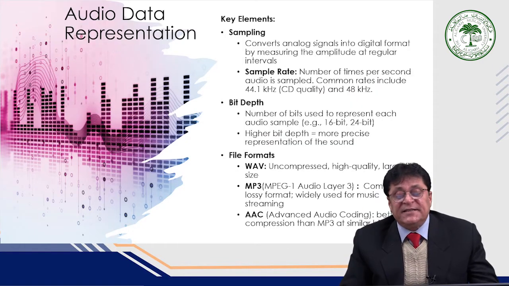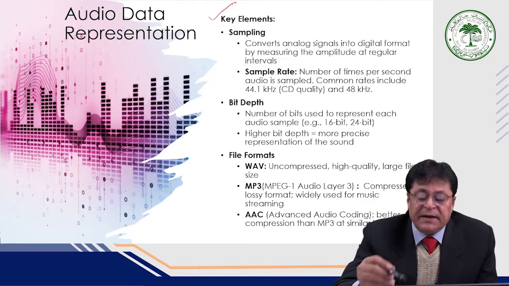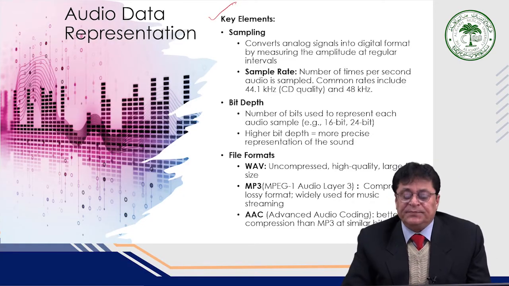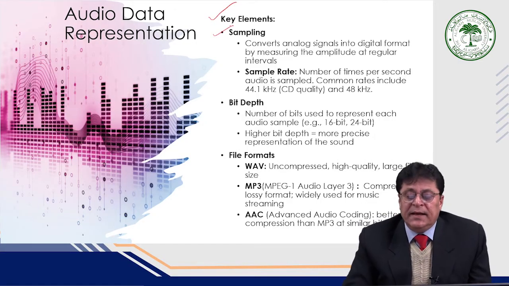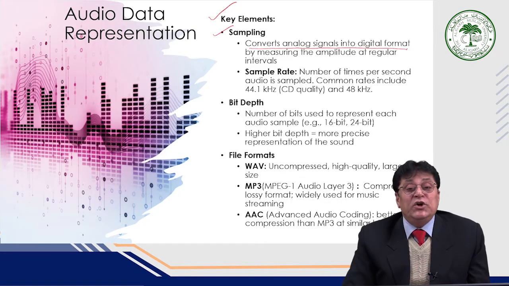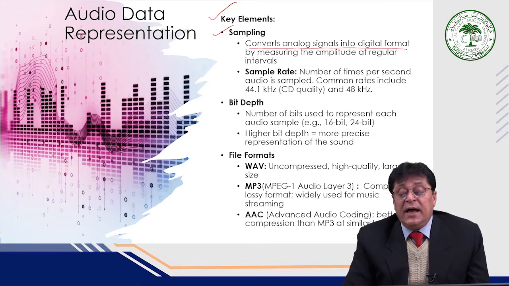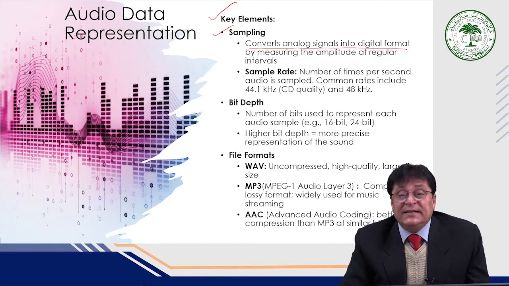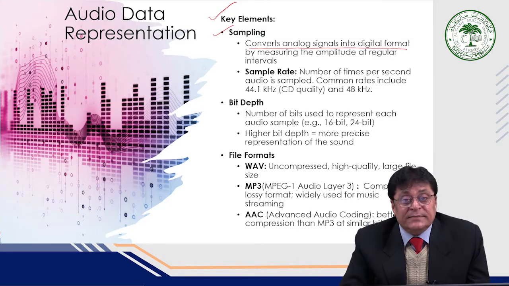So various schemes are there to represent audio data. Some of the key elements in data representation I would like to discuss. One is sampling. What is sampling? An important concept. As we discussed, audio signals are analog signals, so sampling converts audio signals into digital formats by measuring the amplitude at regular intervals.